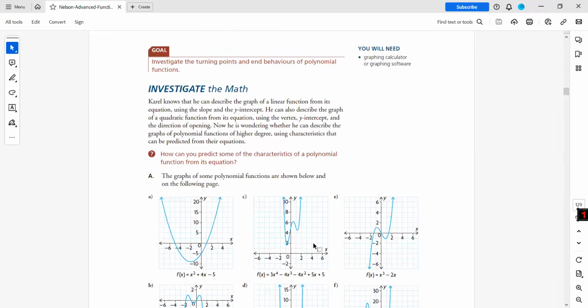So what's so important about this paragraph? First of all, up until now, we discovered that there is such a type of function as polynomial function.